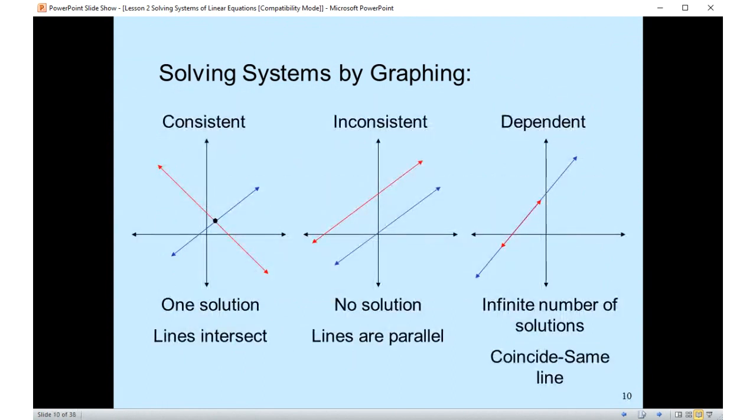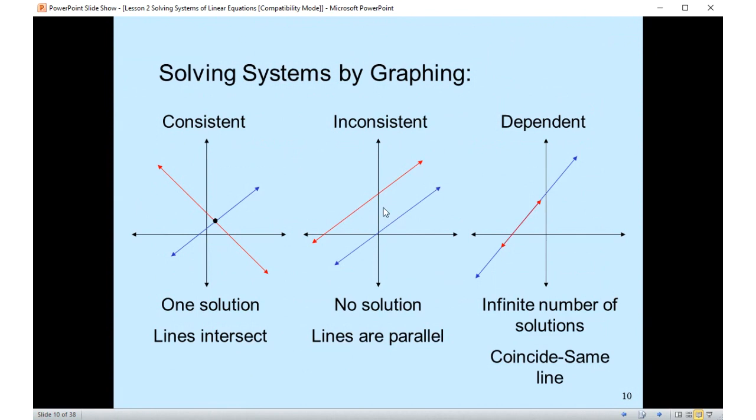These are the three types of scenarios you can have. The first one is called consistent, when you have two lines that cross at one point. There's one solution, the lines intersect. The next one is called inconsistent. That is where there are two parallel lines. There is no solution because the lines do not intersect ever.